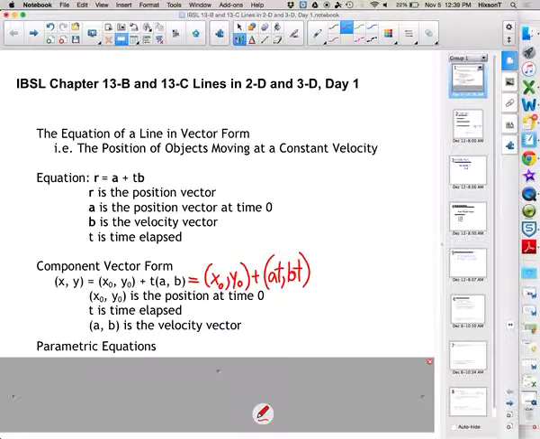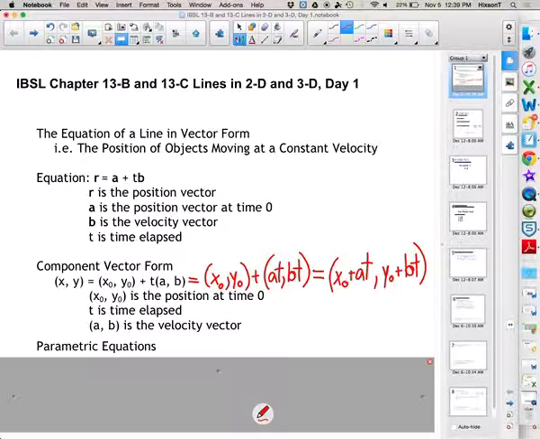So there's my constant multiple of that vector. And then if I continue to add the vectors together, I would have x sub naught plus at, y sub naught plus bt. So basically we just took this component vector form and used vector addition and scalar multiplication to get it all into one nice vector.